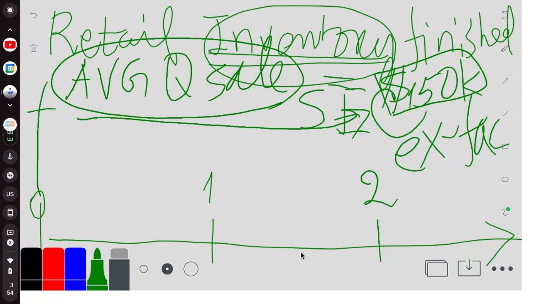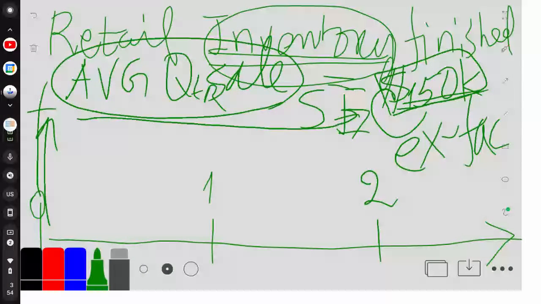So if the average quarterly sale is 150K, they have to stock up their merchandise to that level of retail value.